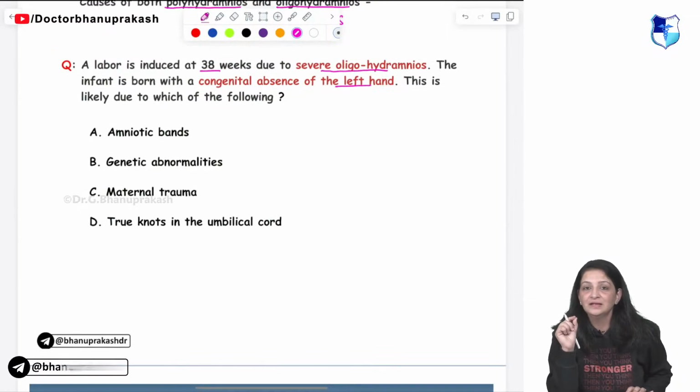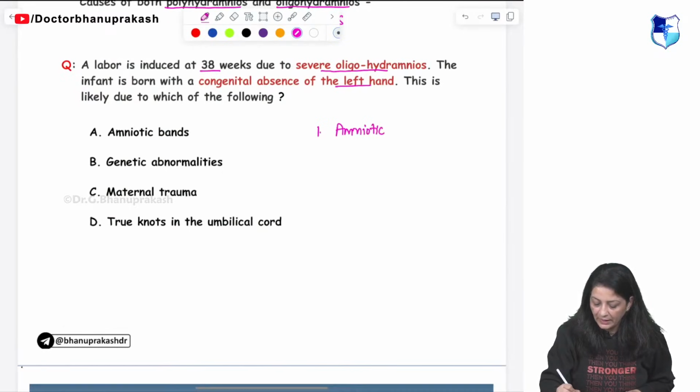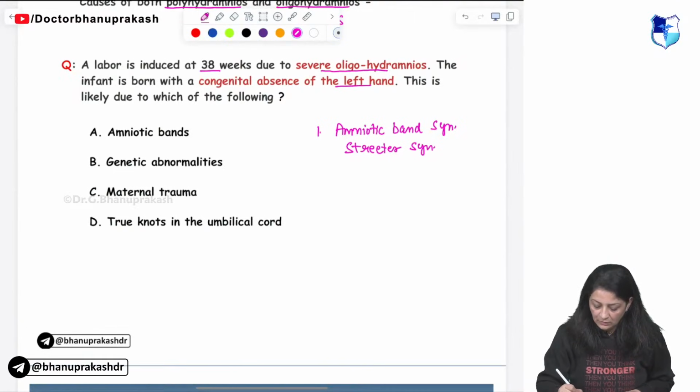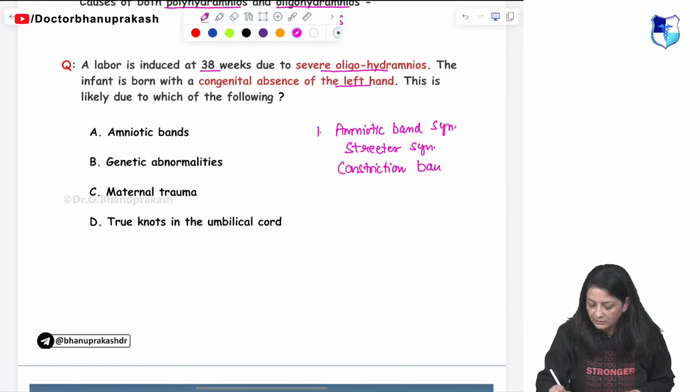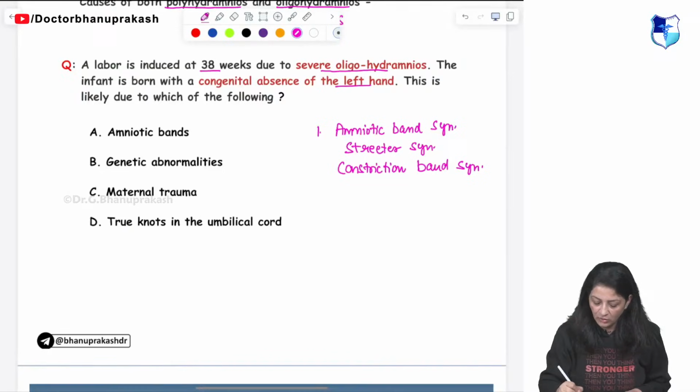Just remember the names of 3 syndromes. First one, amniotic band syndrome, or you can say constriction band syndrome. This is the first syndrome in severe oligohydramnios.